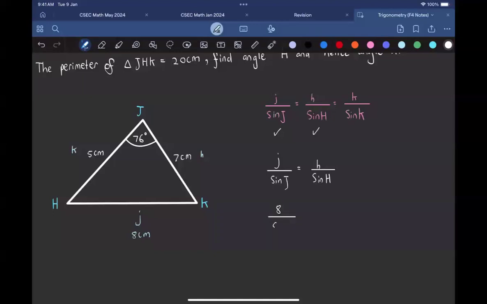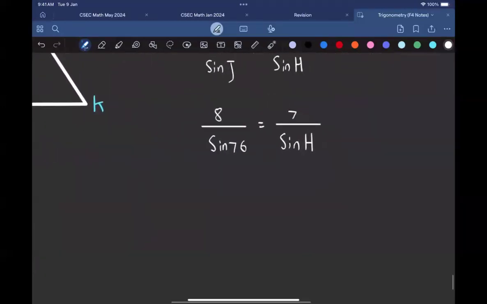And what's angle G? 76. And h is 7 over sine capital H. Now we will cross multiply. If I cross multiply, what would I end up with? 8 sine H equals 7 sine 76.